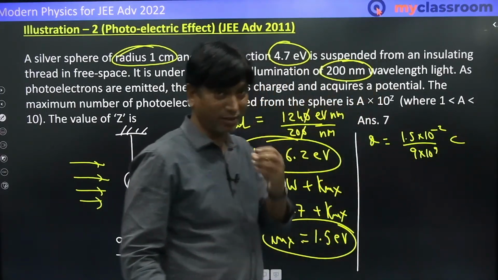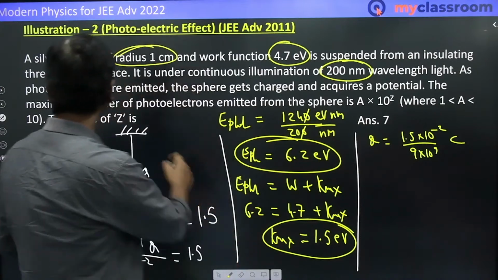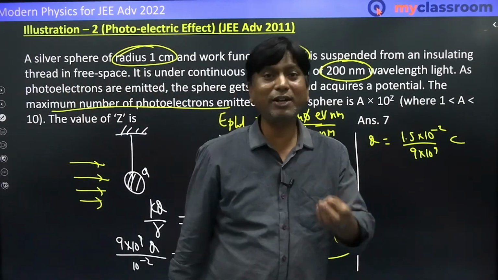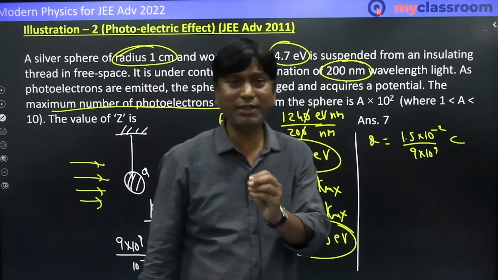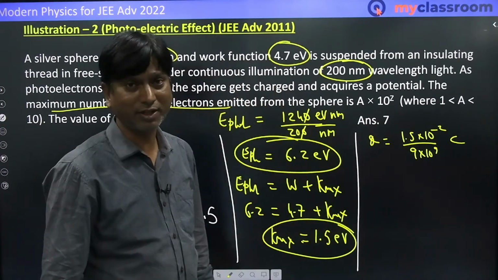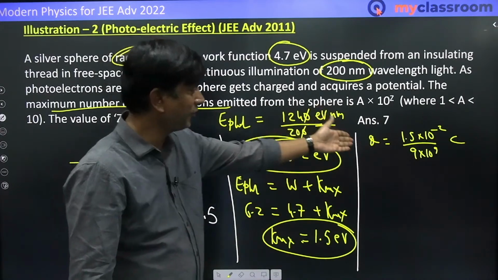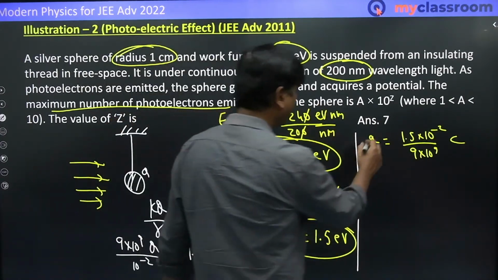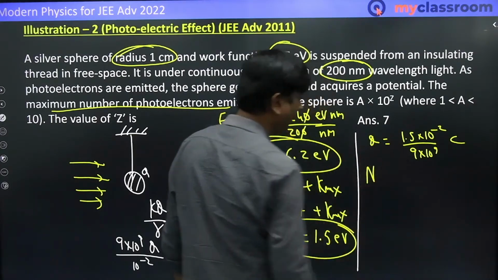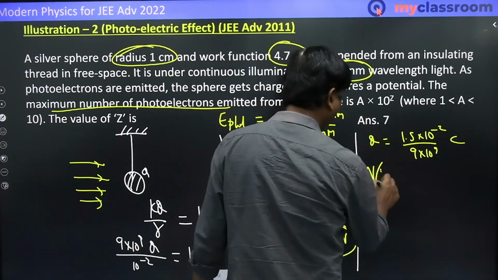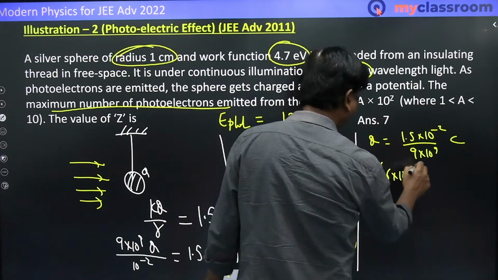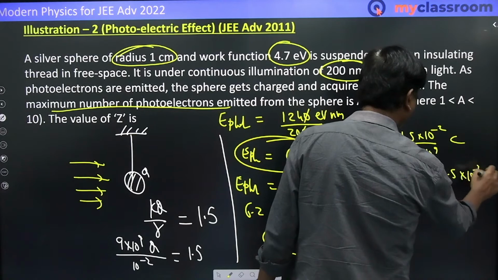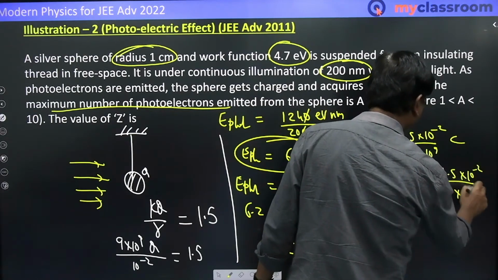But I want how many electrons. They are asking the maximum number of photoelectrons emitted. Every electron, when it is emitted, will leave the sphere with a positive charge of 1.6 into 10 power minus 19 coulombs. Like that, if it has to acquire this total charge, how many electrons will be emitted? So this is the total number n. The charge of each electron, 1.6 into 10 power minus 19, times n is equal to 1.5 into 10 power minus 2 by 9 into 10 power 9.